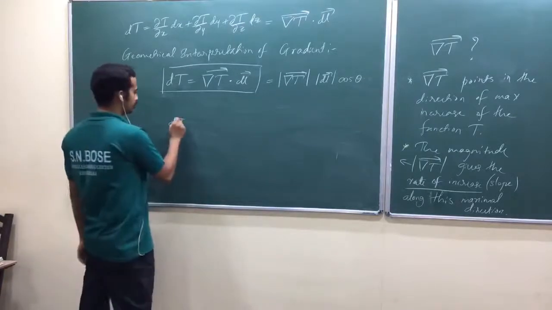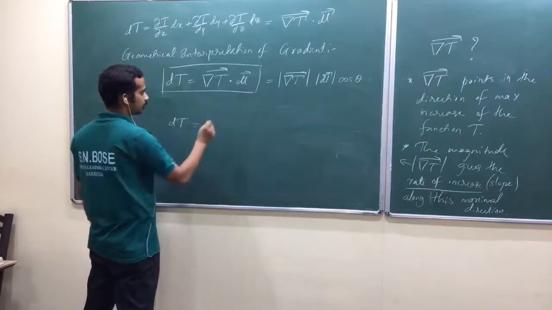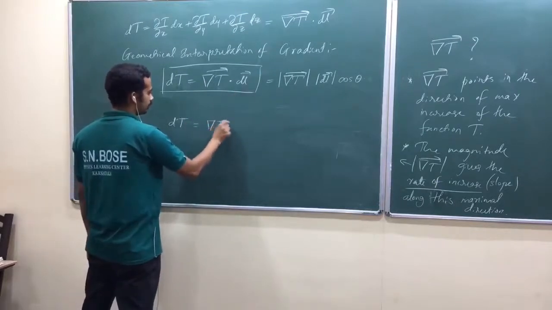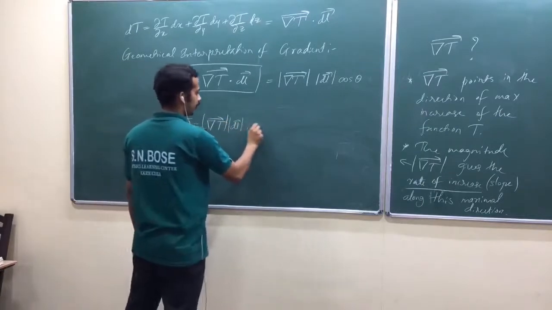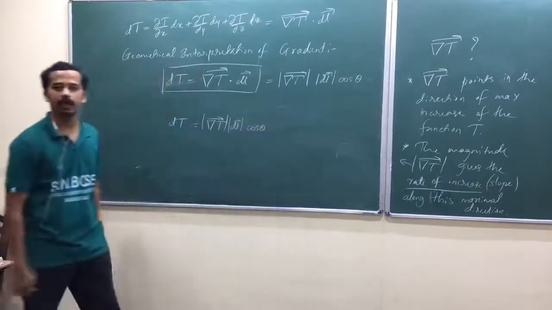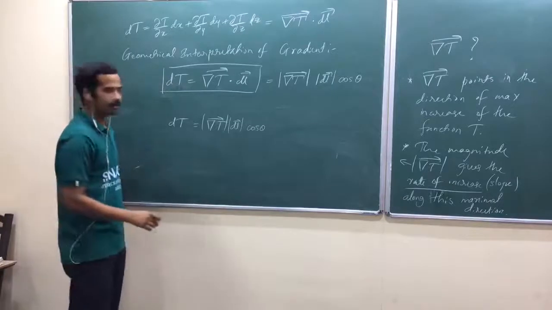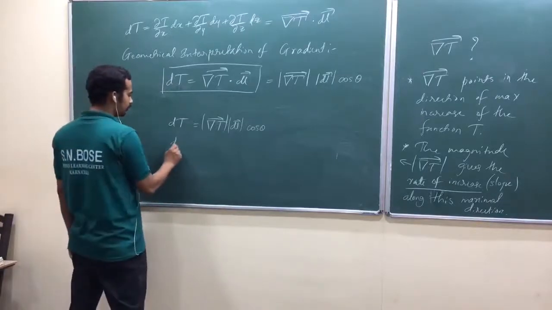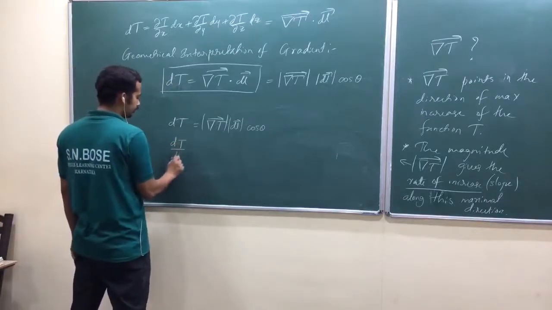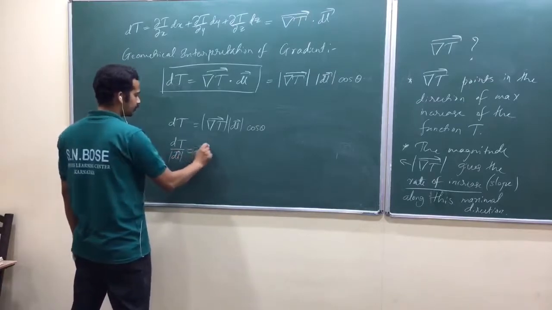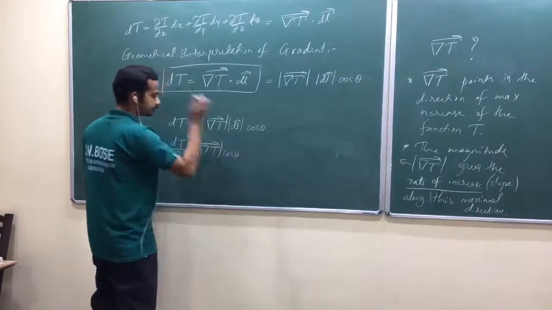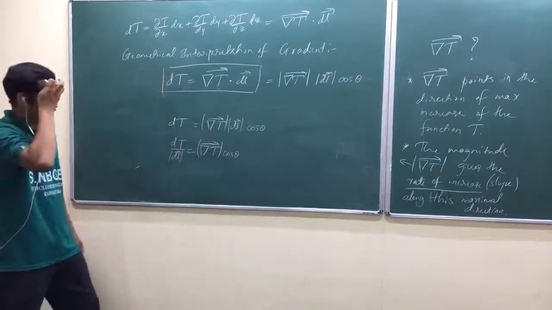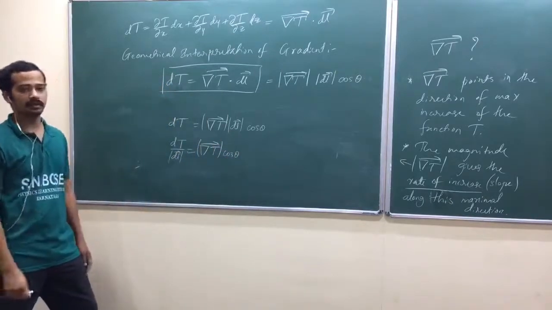Now look at here. For dT, I am going to keep that cos theta as it is: dT equals del T dl cos theta. Suppose I am moving in some arbitrary direction. Then I am going to define dT by dl. When I move in an arbitrary direction, I define it as del T into cos theta.